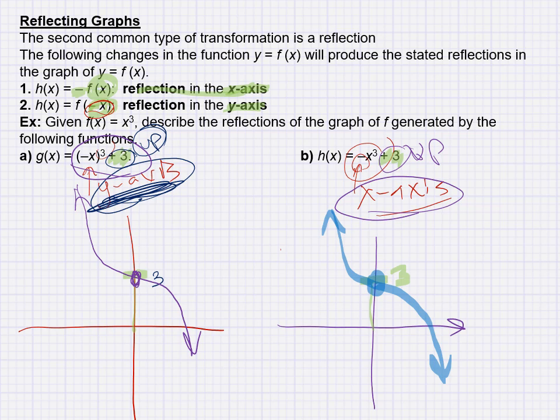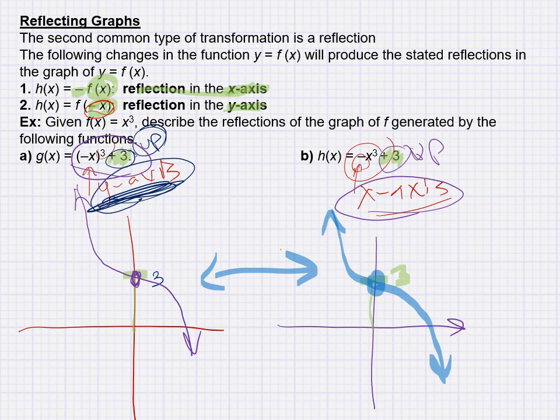Now you might say, well, these two look exactly the same, right? They look exactly the same. Well, yes, but we got there differently. One by flipping over the y-axis, the other by flipping over the x-axis. Just so happens with this particular shape, flipping over the x or the y-axis results in the same figure because of the symmetry of the S-curve.